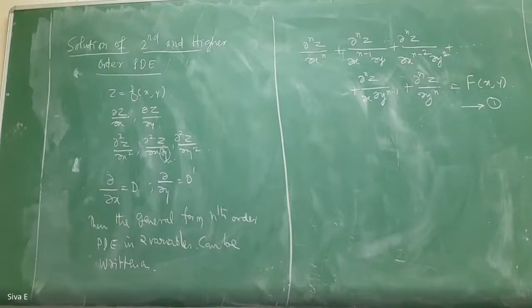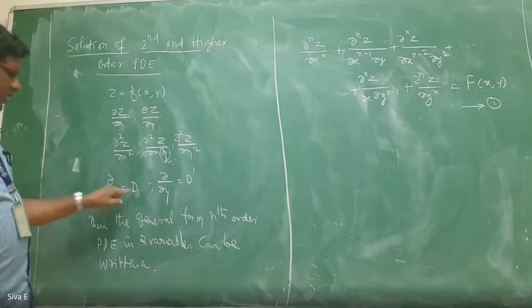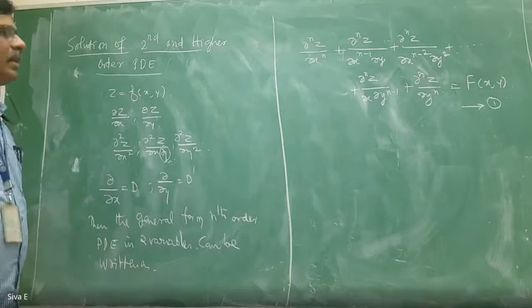So here we take that dou by dou x is D, dou by dou y is D dash.